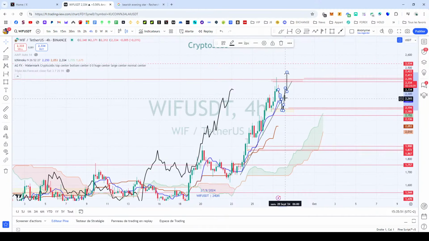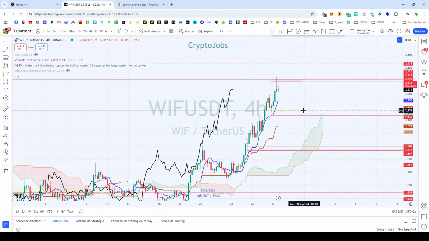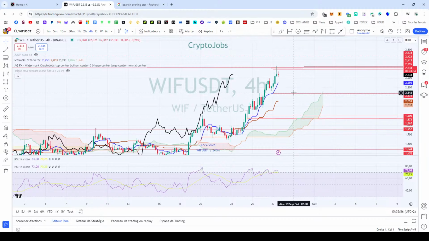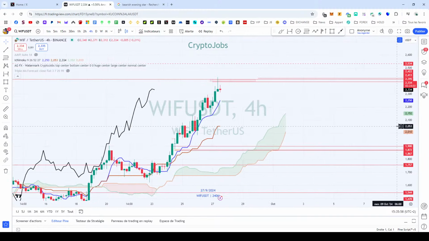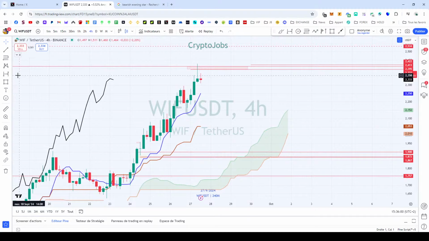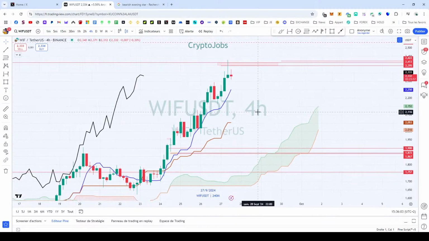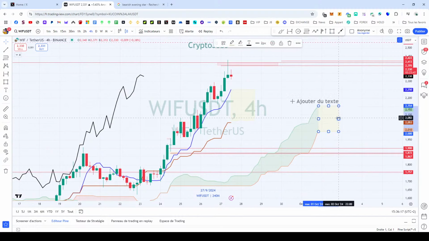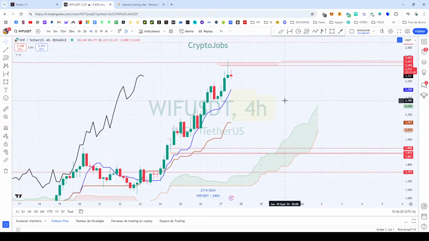Also, I will show you a tool that explains why I'm not confident to long right now. It works well on the H4, daily and H1. When the gap, the space between Tenkan and Kijun, is larger than the one of the Kumo, SSA and SSB, as you can see here, the size of this gap is larger than this one.